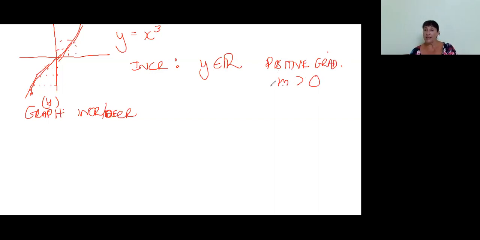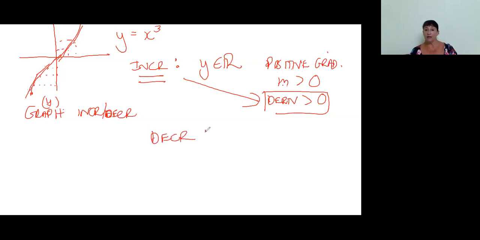And what did we say another word is for gradient? Derivative. The derivative is greater than 0. So a graph is increasing where the derivative is greater than 0. That is theory, you need to learn it. And in exactly the same way, a graph is decreasing when the derivative is less than 0.